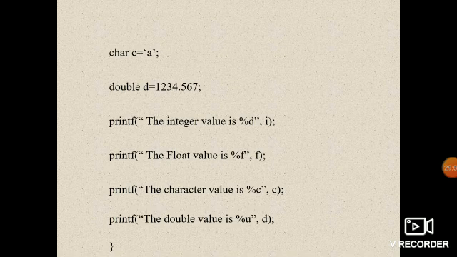We have 4 types: basic type, enumerated, void type, and derived type. Coming to the basic data types, we have integer, character, and float. For the void type, when there is no value available, you have to use void.